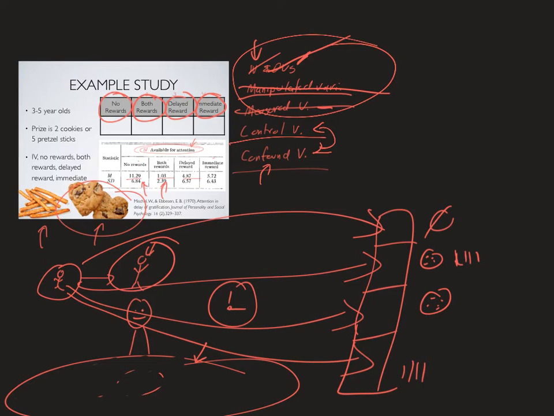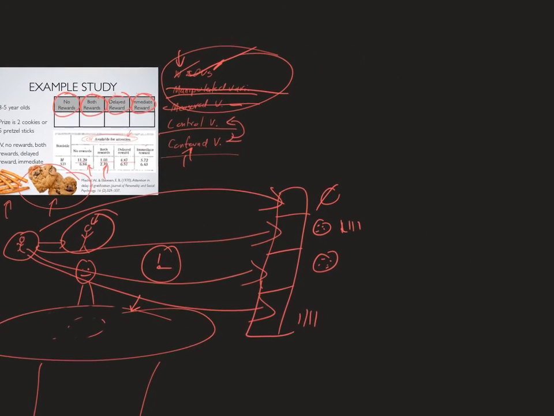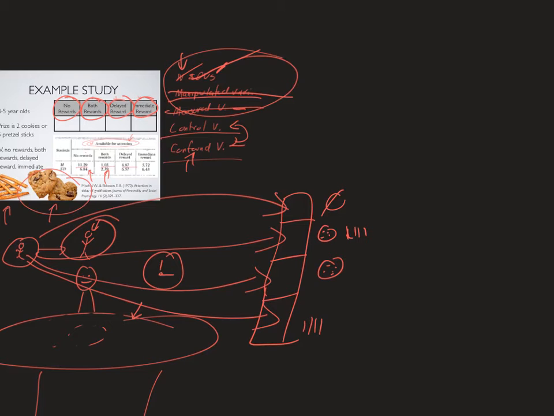So if I'm worried about that, I want to make sure I factor out time, or if they're sleepy, let's use that. I want to make sure that they're not sleepy right before they participate, because I'm worried that that might influence how they do on this task. So I make sure that all children had just finished a nap.